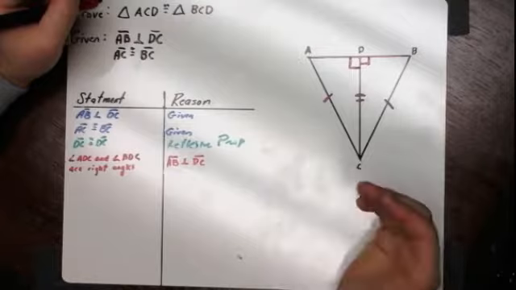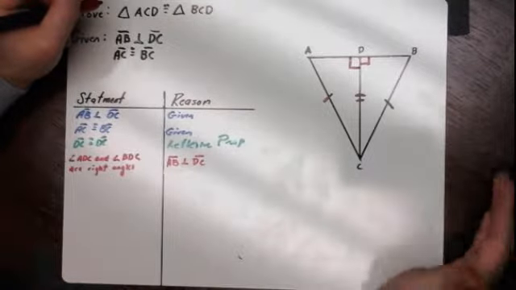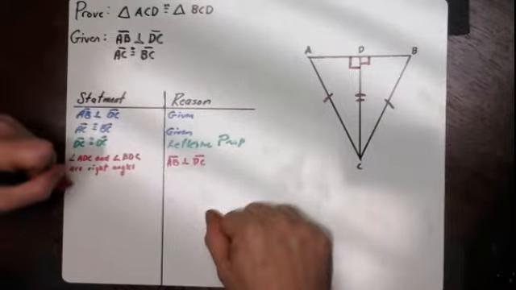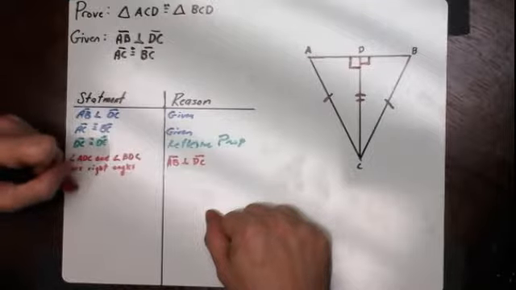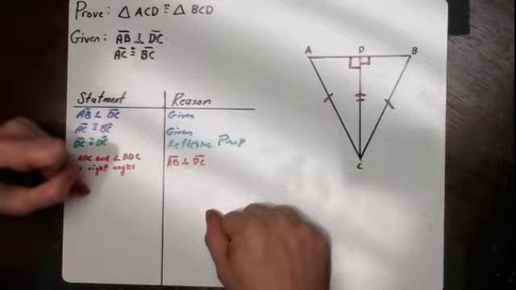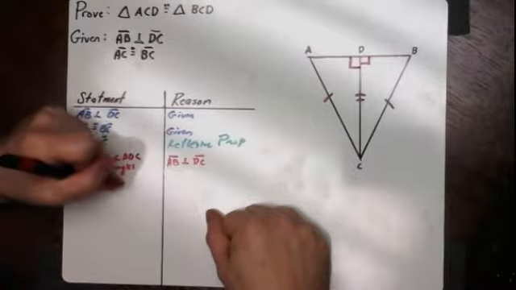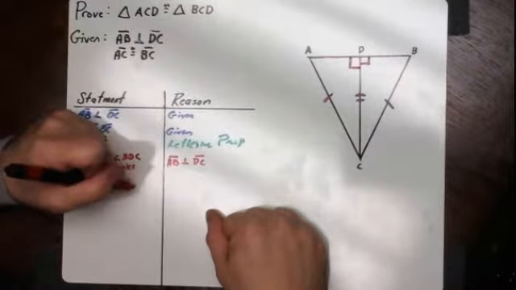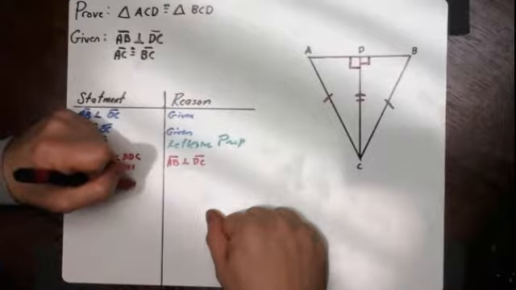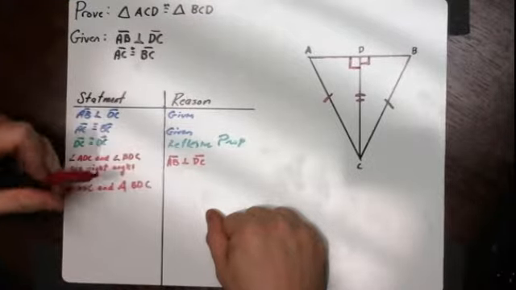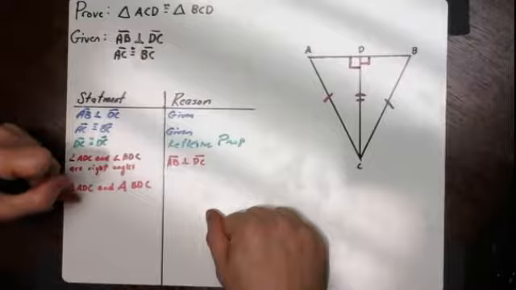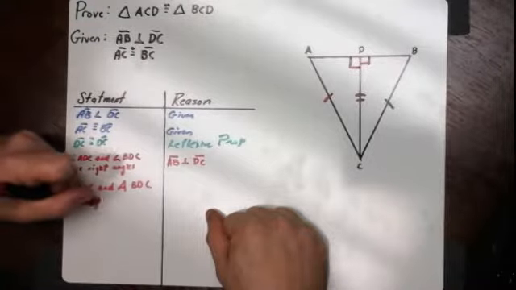Then I can apply hypotenuse leg to it. So I'm going to say triangle ADC and triangle BDC are right triangles.